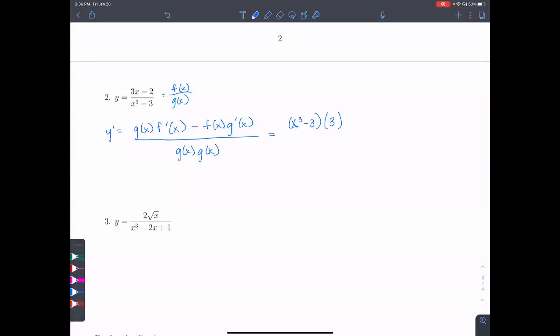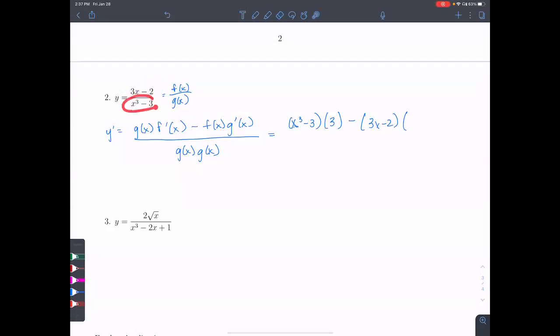So low d high, that's because this is the low. The derivative of the top here, you do exponent down front and decrease it by 1. So it would just be 3 times x to the 0. So low d high minus high, that top function, which is 3x minus 2, d low, times the derivative of the bottom.